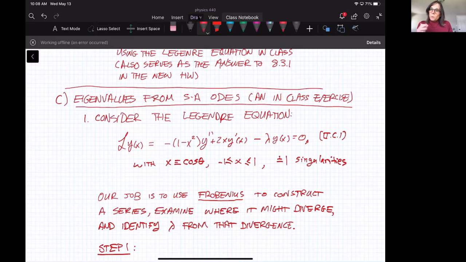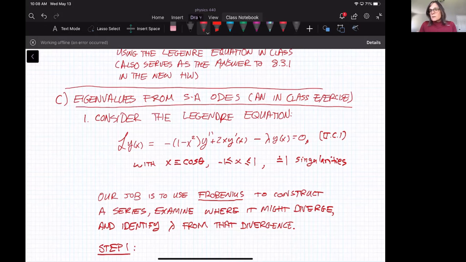Now, you might remember from E&M that in actuality, x is defined as cosine theta. This comes from separation of variables, and this is the theta term from that. So x has a value between 1 and minus 1.